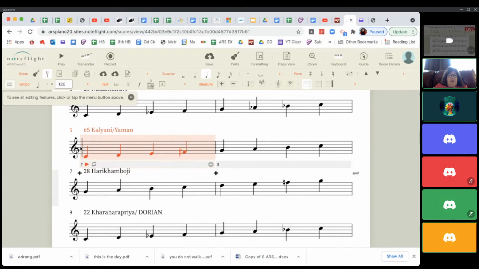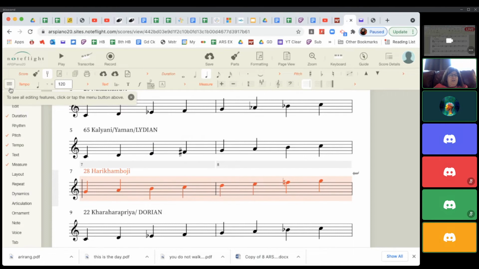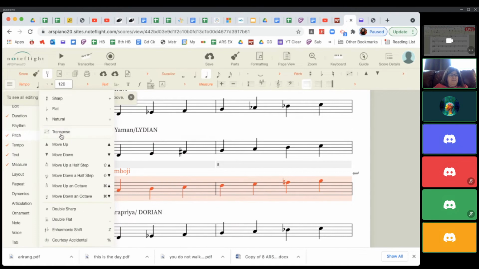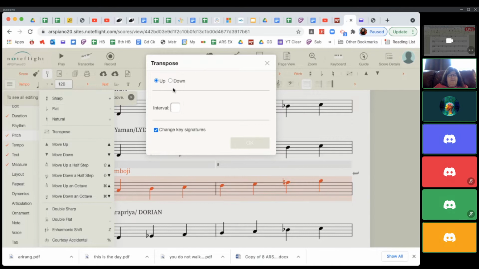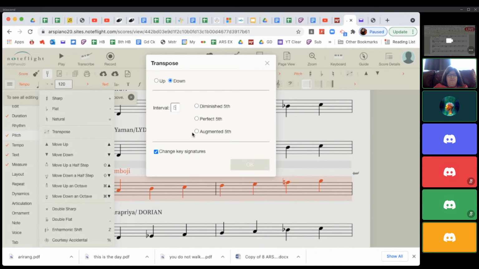And so there's the Lydian. And here's the Mixolydian. Let me change it. It's pretty clever that the software allows you to do that.